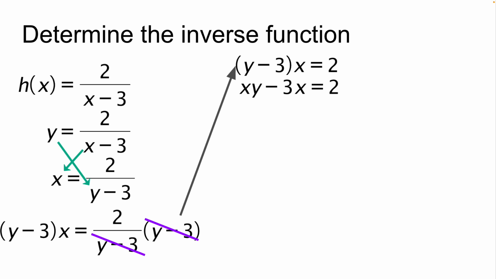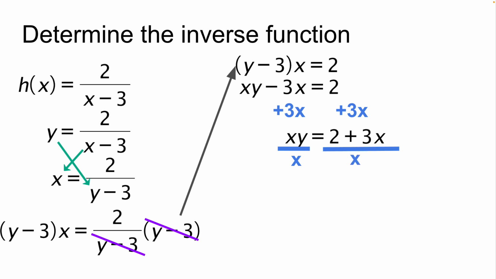We're trying to solve for y. So the next thing we need to do to get y by itself is to add 3x to that left-hand side. And of course, what we do to one side, we have to do to the other. So this would leave us with the quantity x times y is equal to 2 plus 3x. Currently, y is being multiplied by x. So if I want to get y by itself, I need to divide by x.